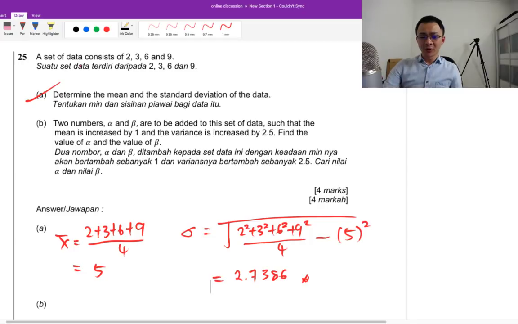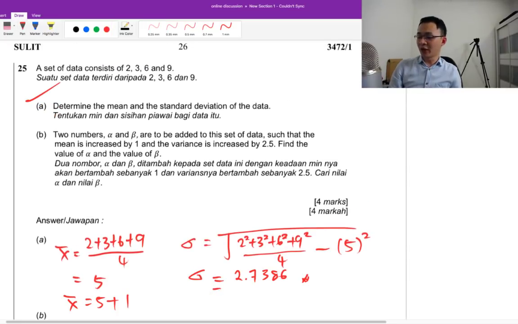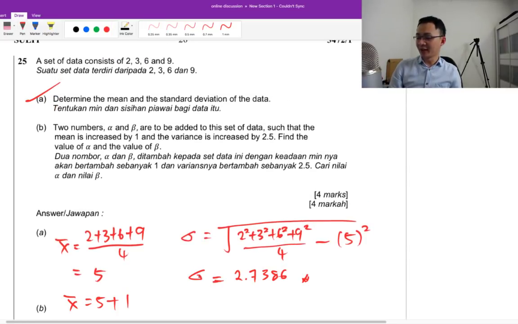Okay. Two numbers alpha and beta are added to this set such that the mean increases by 1. So the mean right now is 5, and it increases by 1. And then the variance increases by 2.5. Okay, this is a bit tricky because you have the standard deviation, you don't have the variance here, isn't it? If you don't have the variance, what I will do is find the variance first.